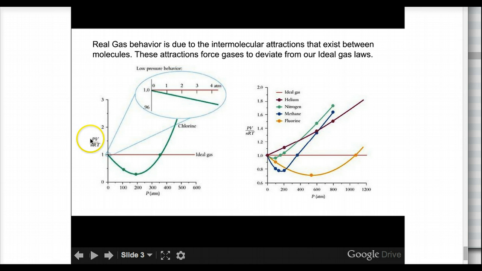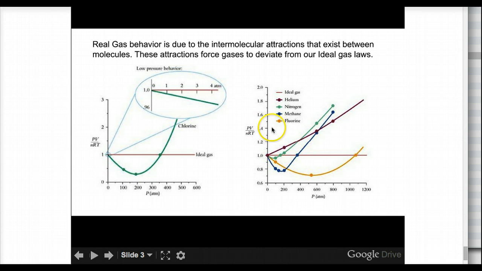You know PV equals nRT, so PV over nRT equals some constant value that should stay constant. If it's an ideal gas, it always stays constant. But as we increase the pressure, it dips down, because as you increase the pressure, molecules start attracting each other. So the actual pressure of the molecules is lower than what we'd expect, and it dips down because of the attractive forces.